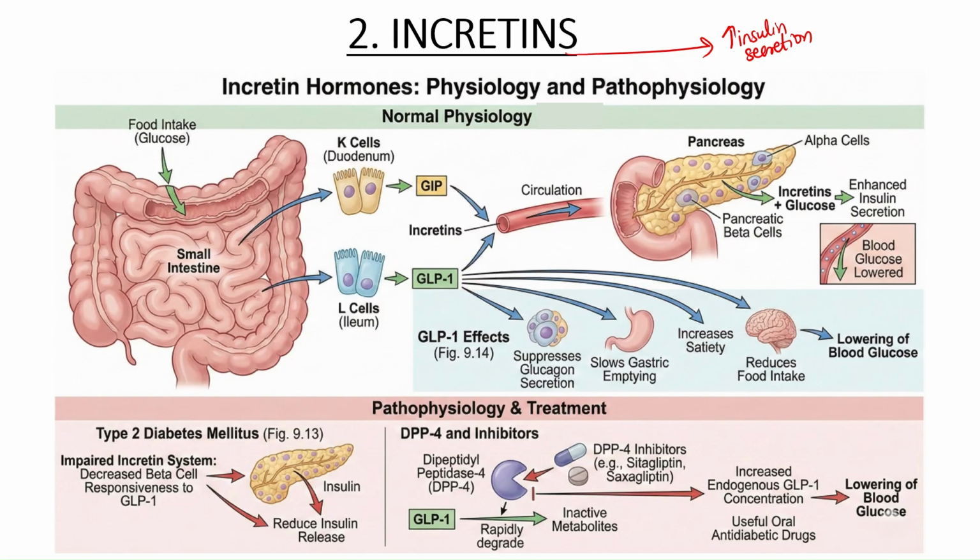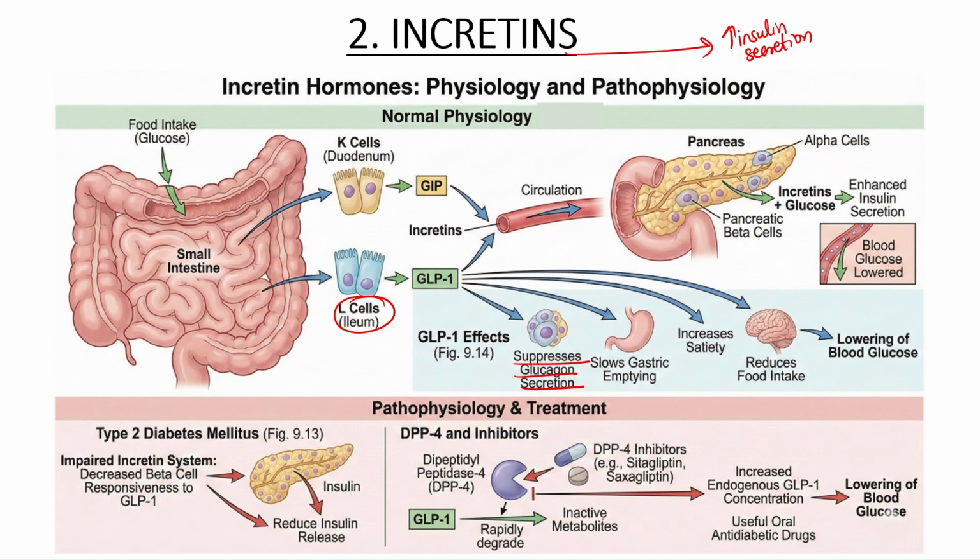GLP-1 is secreted from the L cells of the ileum. It boosts the insulin, suppresses the glucagon secretion, increases the insulin secretion, and manages the appetite. Under healthy conditions, GLP-1 does far more than just assist with the insulin. It coordinates a multifaceted approach to lower the blood sugar.